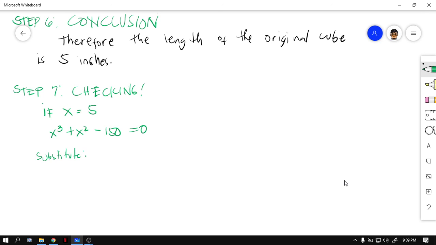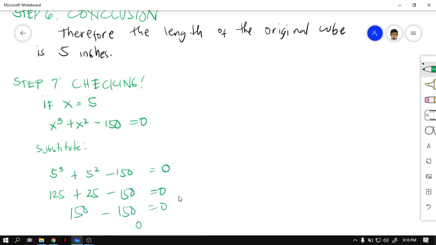So, x cubed becomes 5 cubed plus 5 squared minus 150 is equal to 0. 5 cubed, how much is that? 5 cubed, that is 125. Plus 5 squared is 25. Minus 150, the answer must be 0. So 125 plus 25 is 150. Minus 150 is equal to 0. Right? 150 minus 150 is 0. 0 is equal to 0.